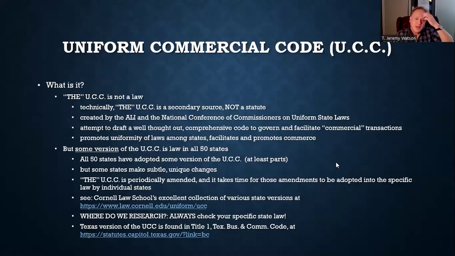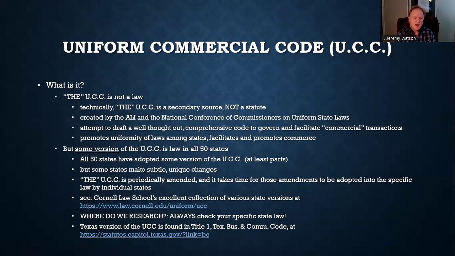Now, let me throw the PowerPoint back up. That can create some headaches for legal professionals. So I've given you a couple of resources that are extremely helpful. Let's start with Cornell Law School. You've got a website right there. Cornell Law School does an excellent job of tracking what version of the UCC states have adopted and what changes they have made.